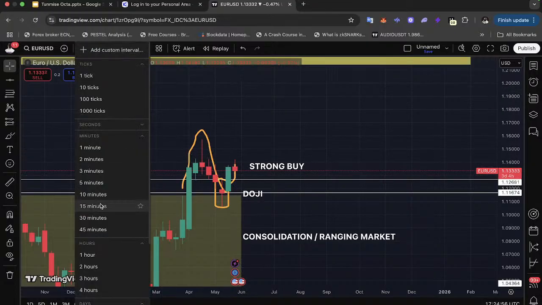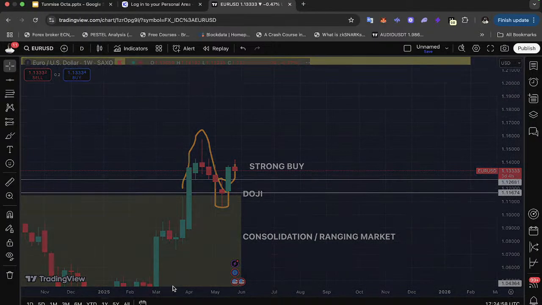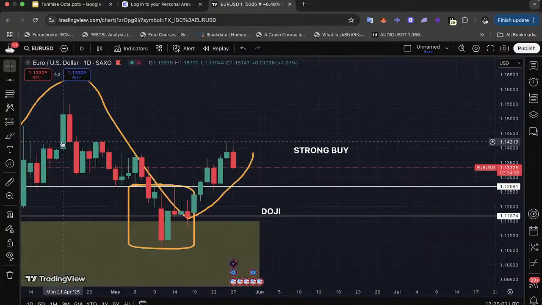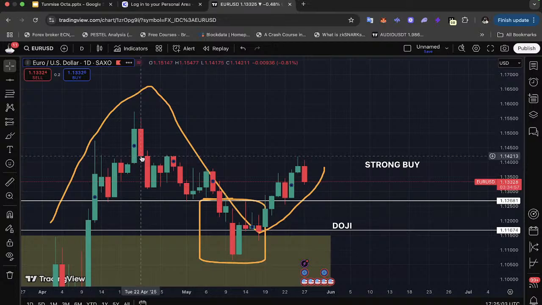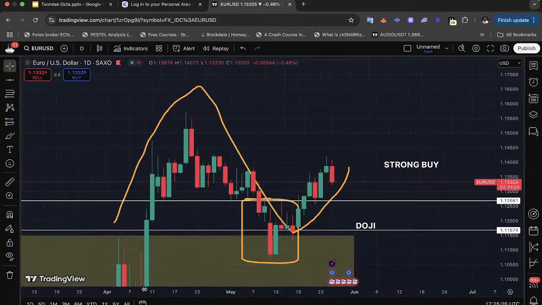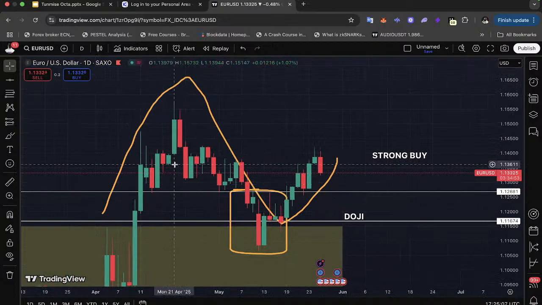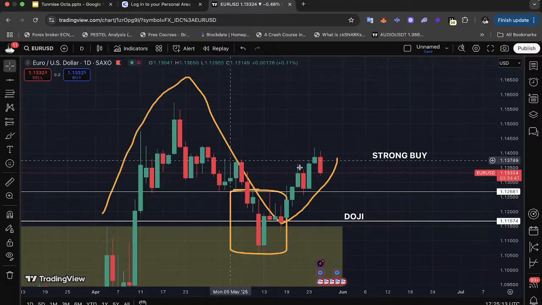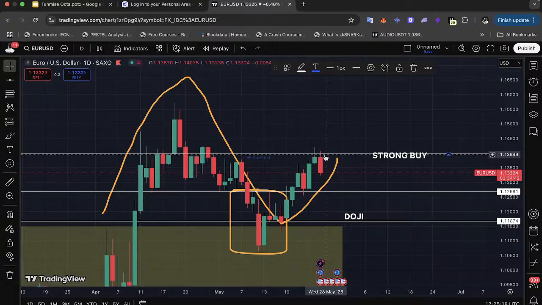Now that we have gone to the daily time frame, we can see more clearly price volatility. Here, you can decide to buy above the current candlestick, and you can decide to buy below the current candlestick.